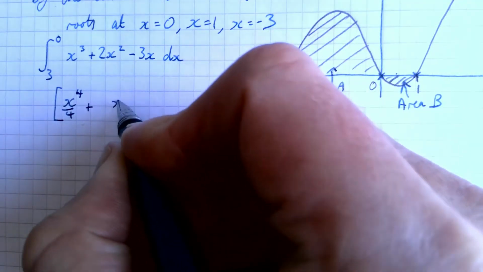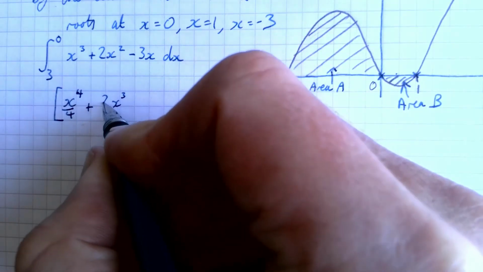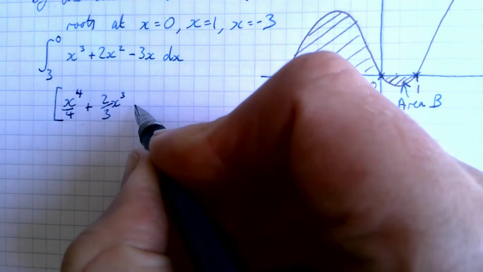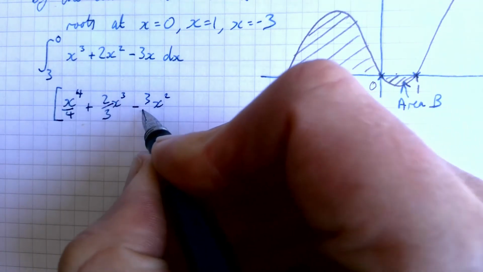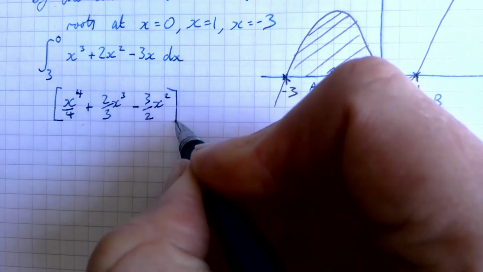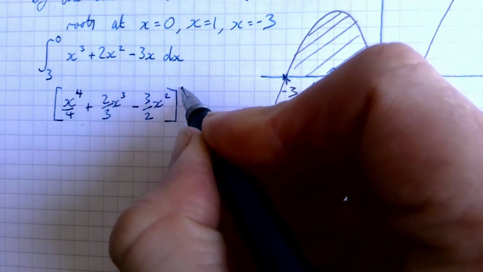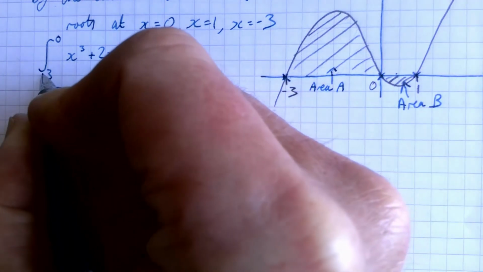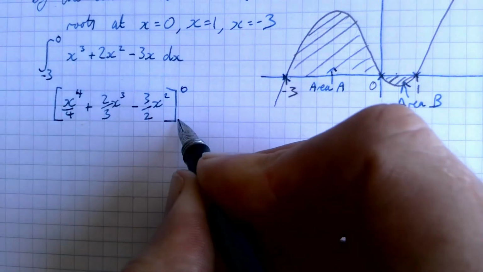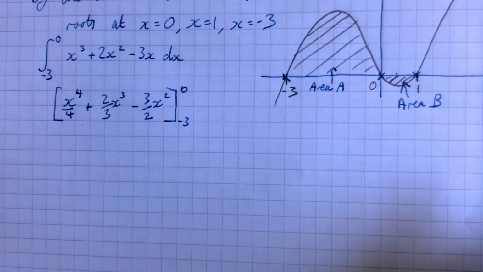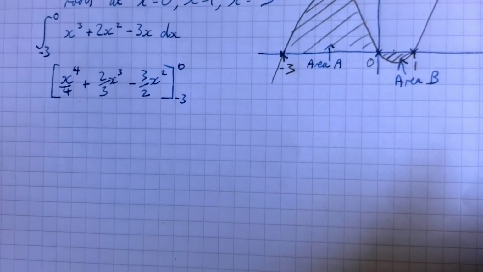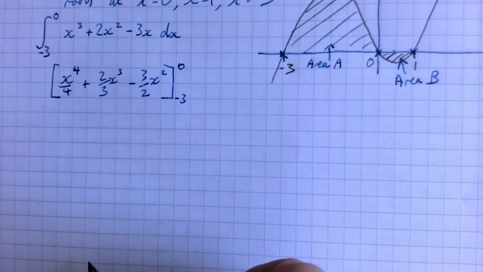This one's going to go up to x cubed, so the 2 divided by 3, and we're going up to x squared, so the 3 divided by 2, and that's going to be between 0 and, oh, I put positive 3 there, didn't I? That should be a negative 3. So, see if you can expand that, pause it, and then carry on.